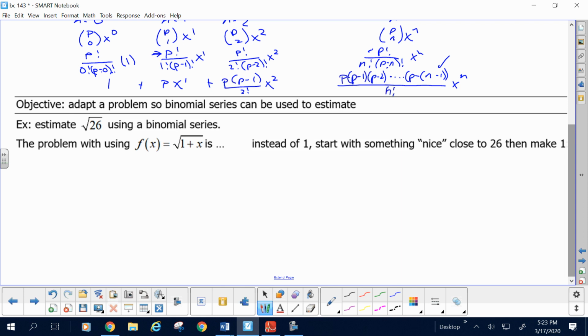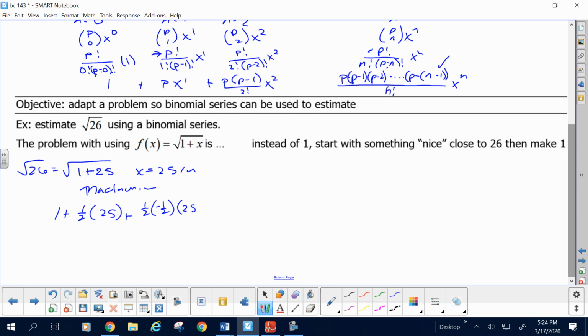If I wanted to estimate the square root of 26 using the function 1 plus x, that would mean I have to use an x of 25 in my Taylor, or in my binomial series, in my Maclaurin. And an x of 25 would be something like 1 plus a half of 25 plus a half times negative 1/2 times 25 squared over 2 factorial.